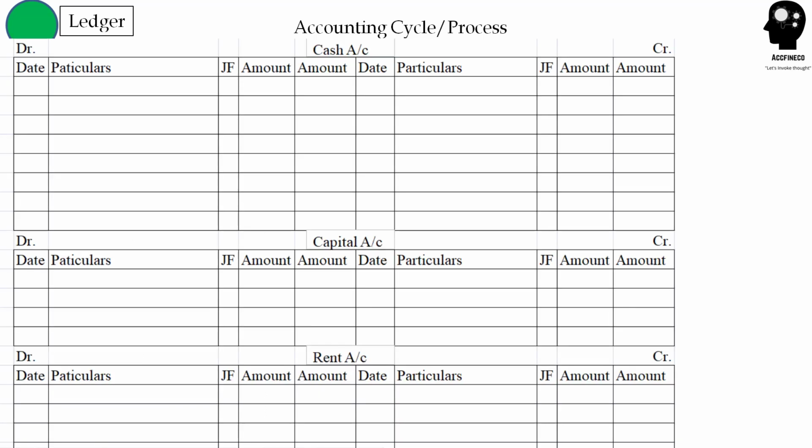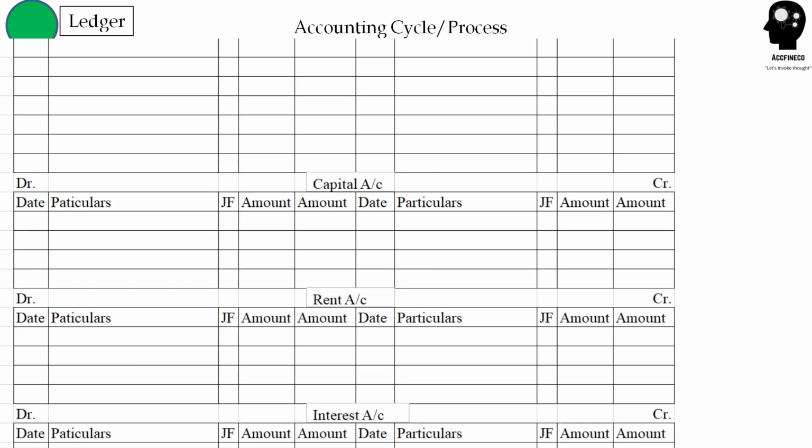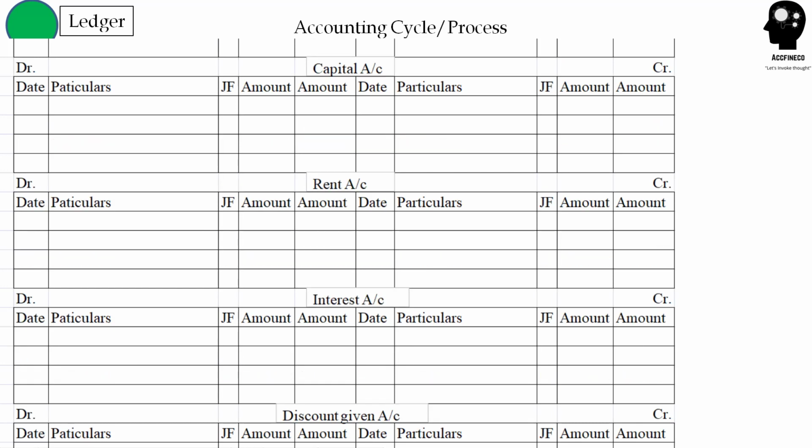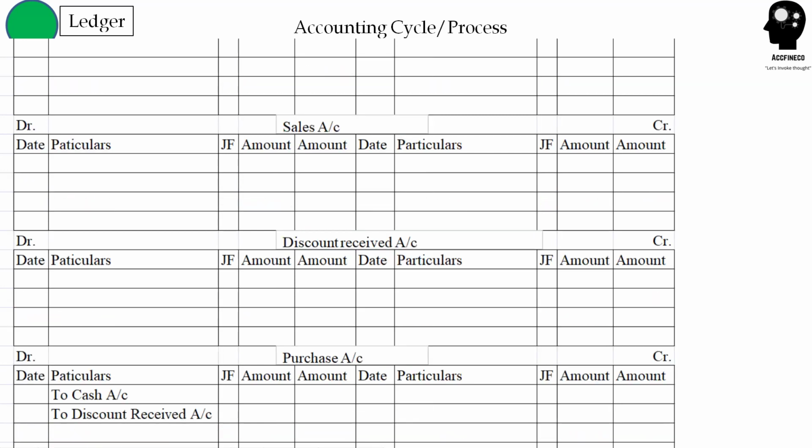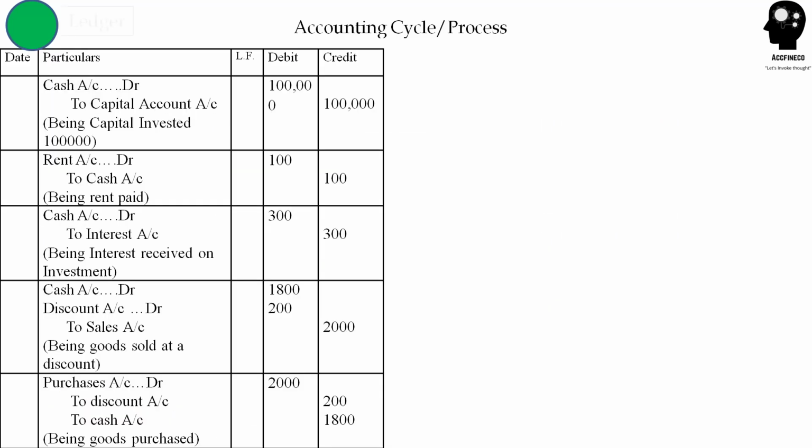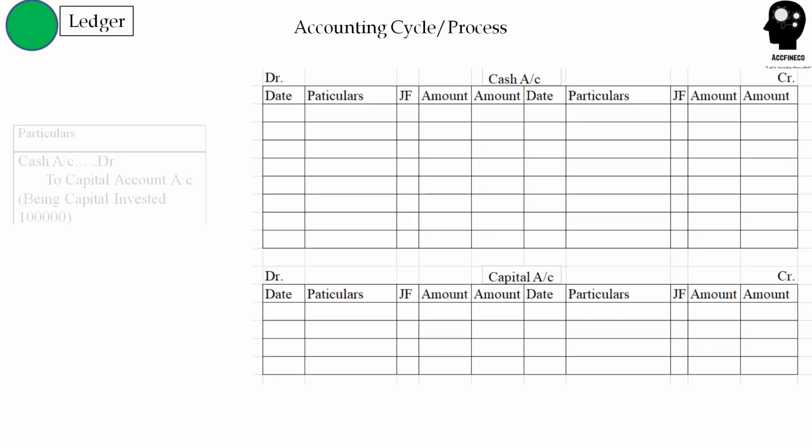So we have the cash account, capital account, rent account, interest account, discount given account, discount received account, sales account, and purchases account. Though cash appears in more than one transaction, we will create just one ledger for it. So, how do we post entries in a ledger? Come, let's take a look at the first one.